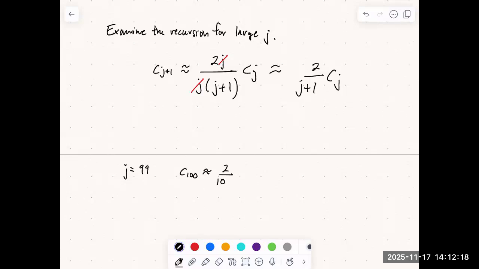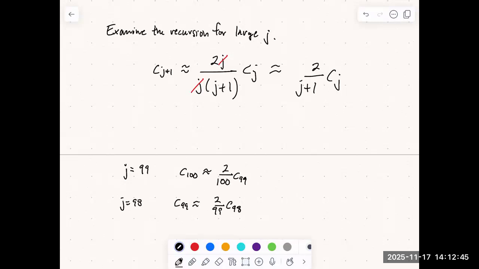So I'll put 2 over 100, C99. All right, and then let's go to J equal 98. Well, in that case, we'll get on the left, J plus 1 is C99, and then we'll get 2 over 99, C98.